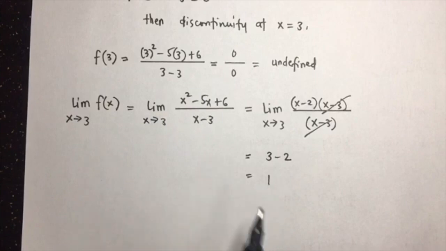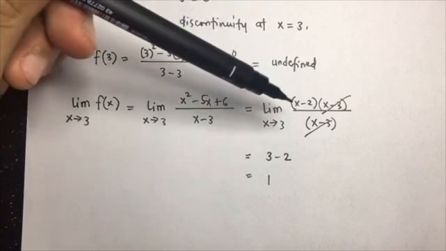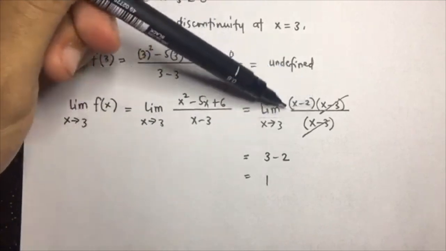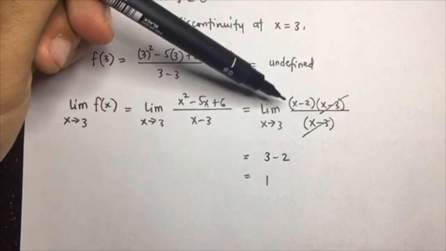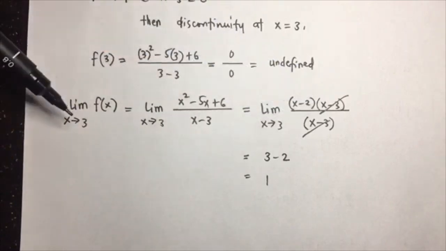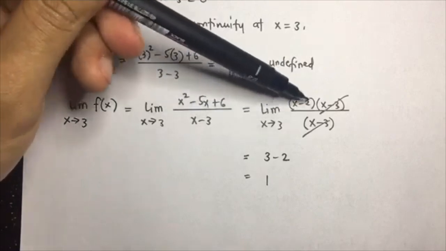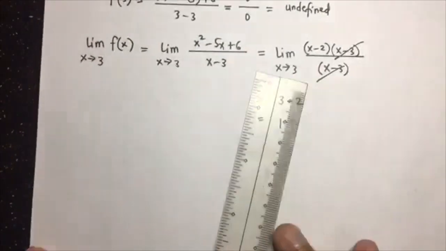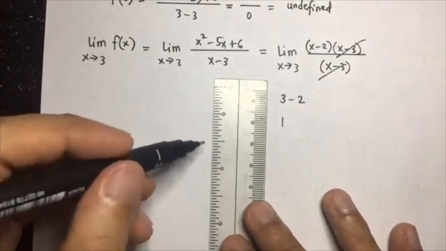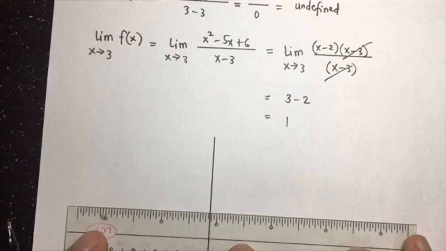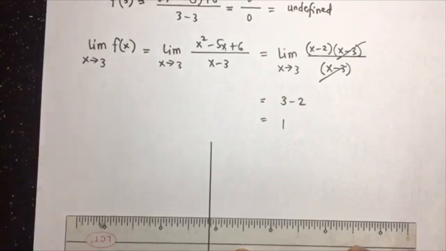So the next step is, how do we graph this? The simplified form of the function is x minus 2. So all we need to do is graph y is equal to x minus 2. That will become a straight line with a slope of positive 1 and a y-intercept of negative 2, right?